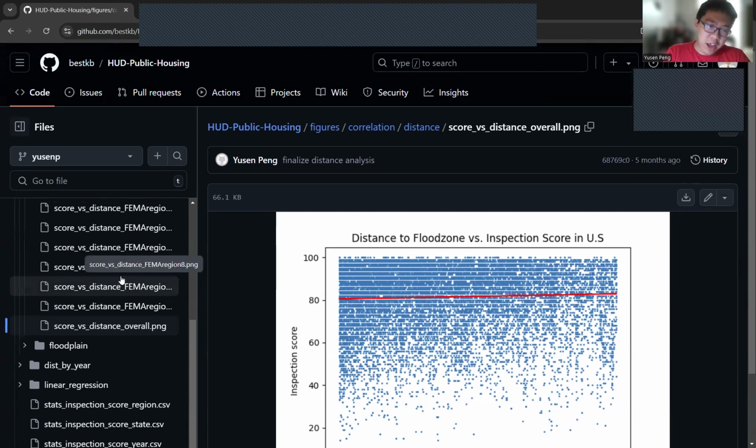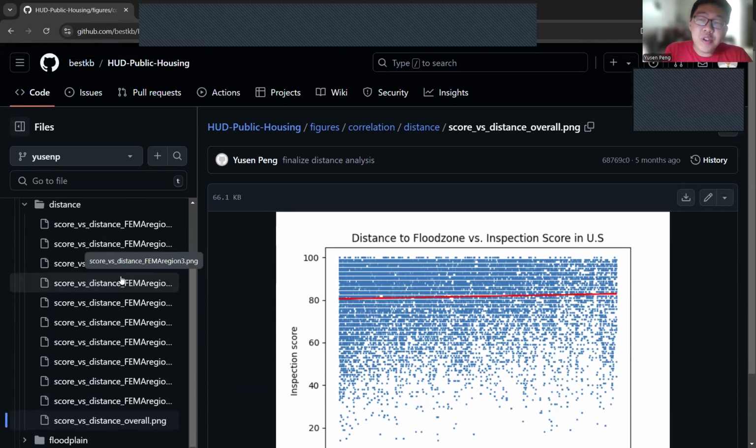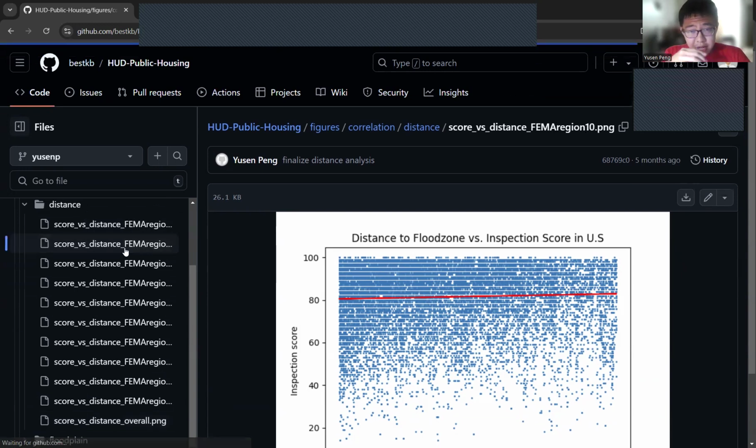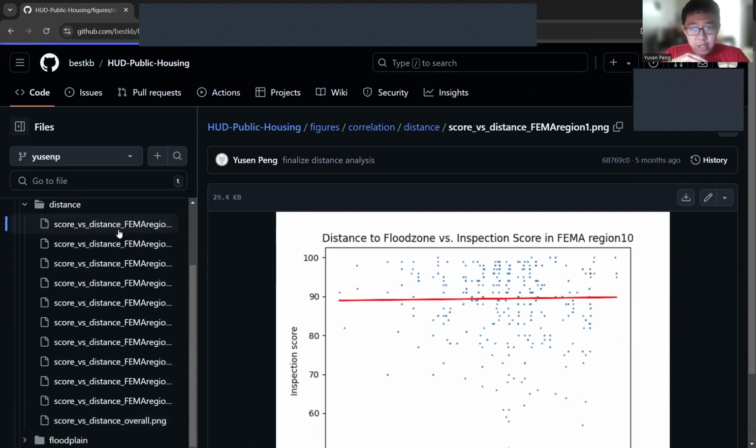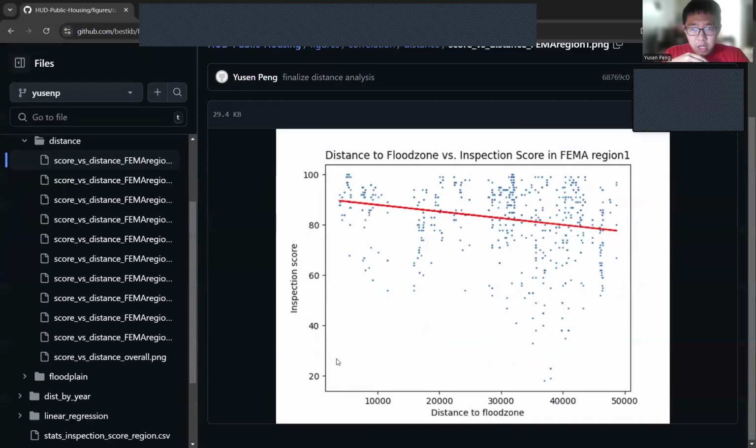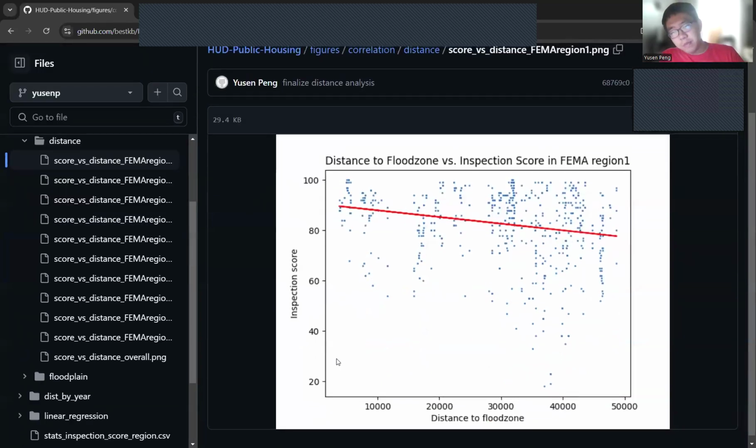And then we also have the data for each individual FEMA region. Let's say for FEMA region 1, interestingly enough, it feels like a negative correlation there, and it's really interesting because it's counterintuitive. The closer you are to a flood zone, you actually have a higher expression score.